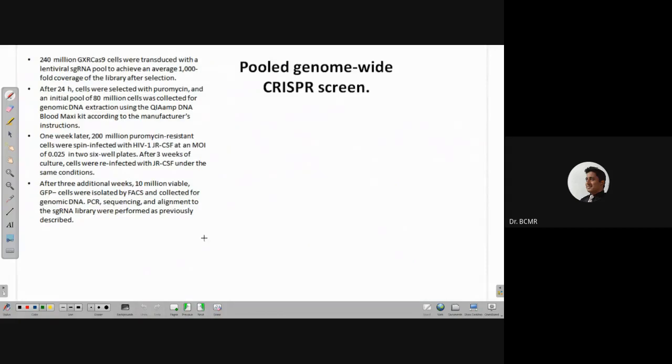That is how they generated a pooled genome-wide CRISPR screen. That means they have a large number of cells, each with a mutation in any one of approximately 18,500 protein coding genes.